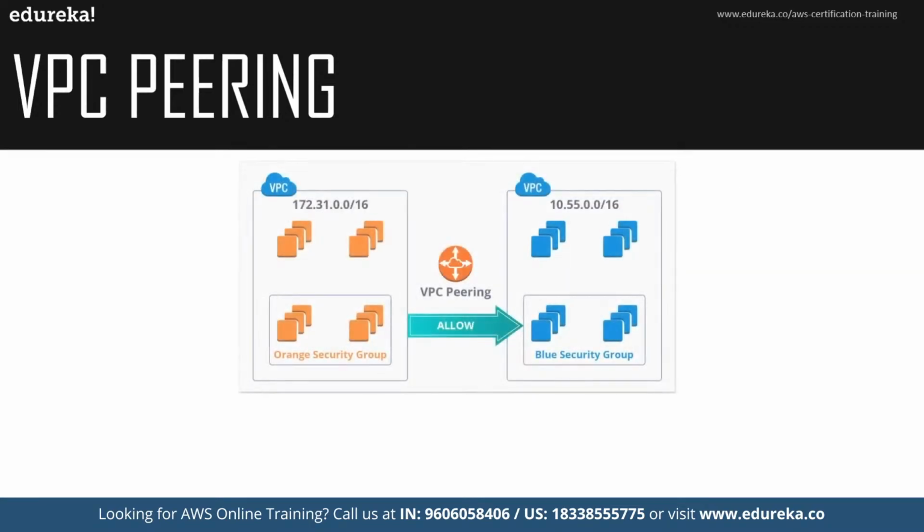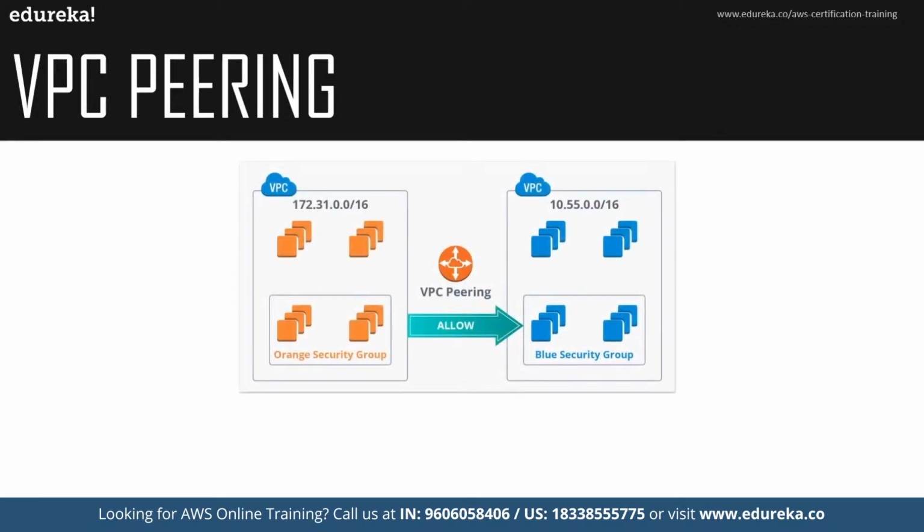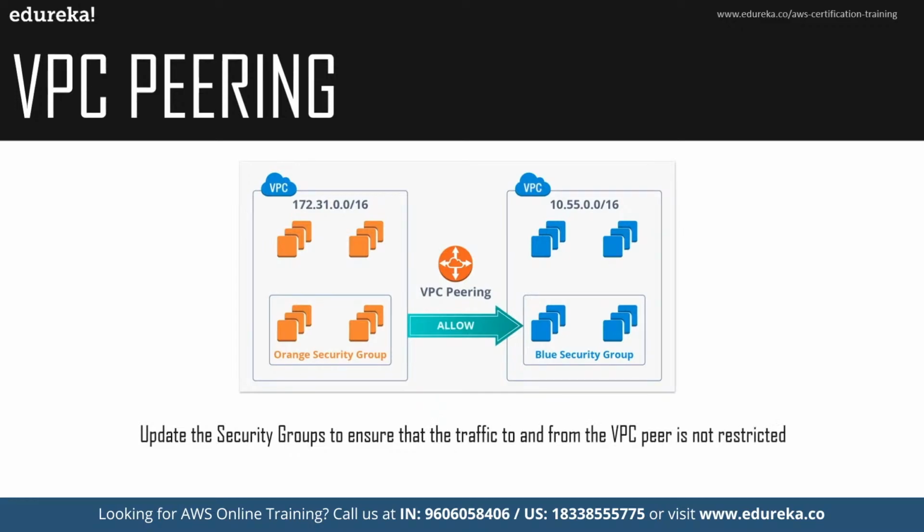Now in this diagram, we illustrate how VPC peering typically occurs. Here you may see that there are two VPCs with two different IP addresses assigned. We need to have a connection between them. VPC peering is the service which we are opting for. We update the security groups to ensure that the traffic to and from the VPC peer is not restricted.